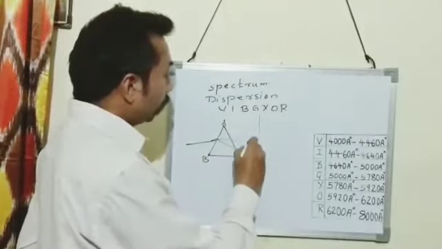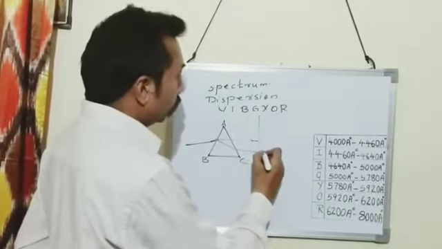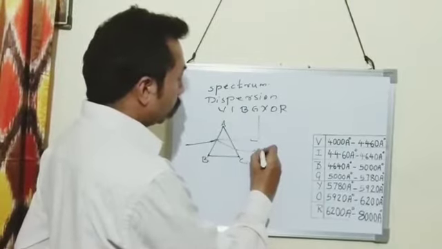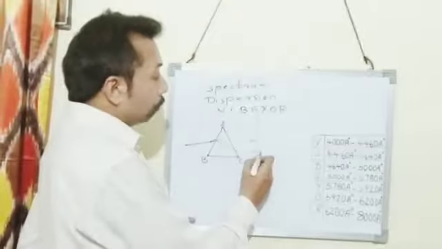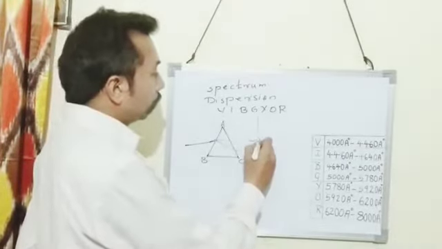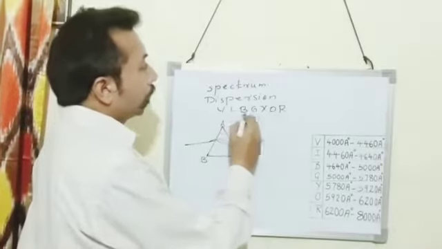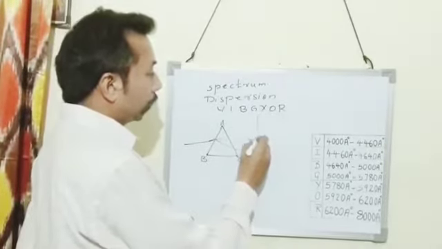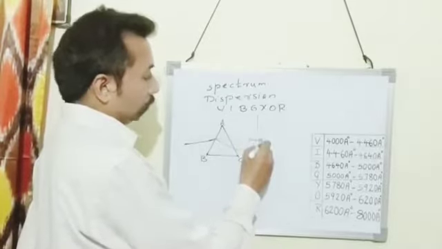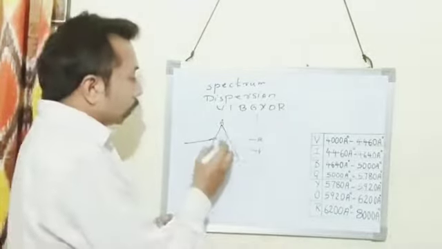When a white screen is kept, these 7 colors can be seen. Violet will be seen at the bottom and red will be seen at the top, and the remaining colors in this order: violet, indigo, blue, green, yellow, orange and red.